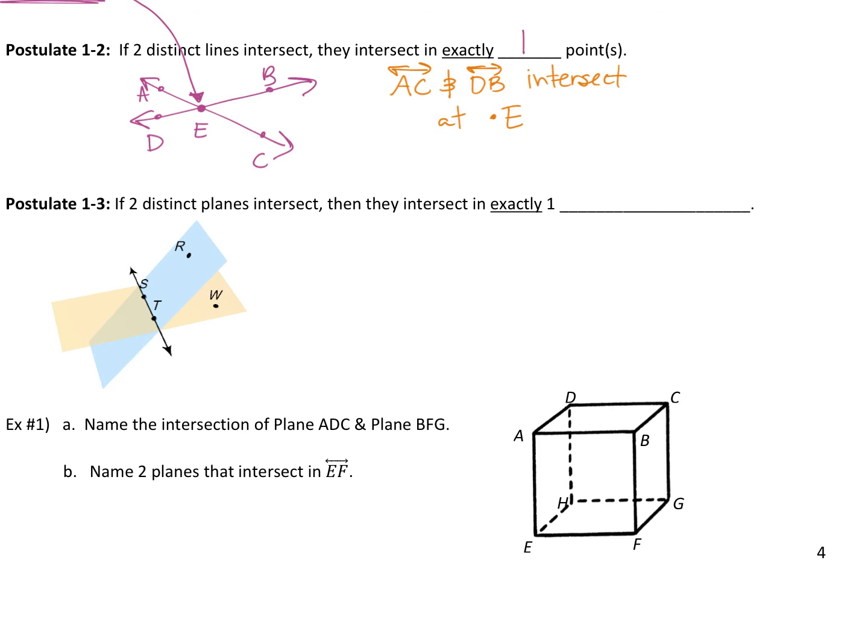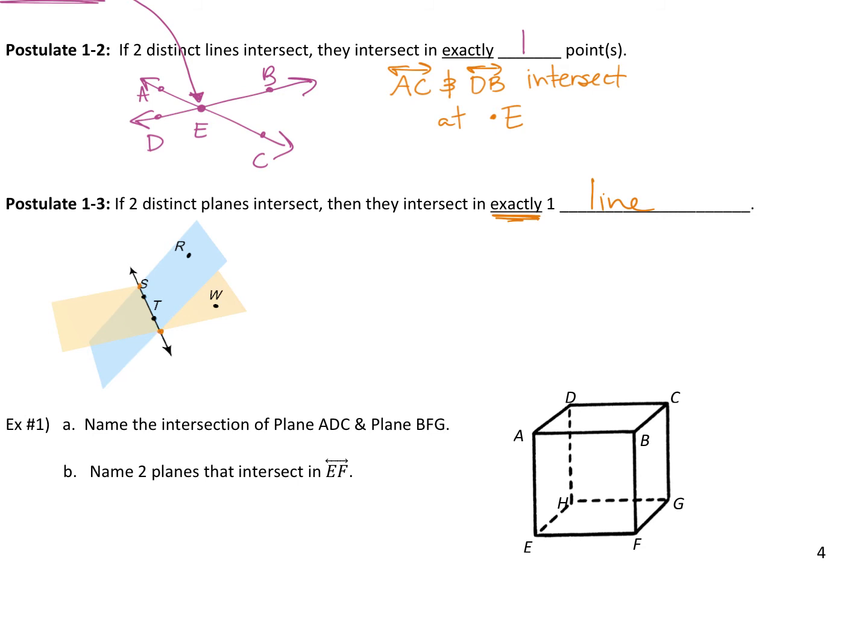This postulate says if two distinct planes, so two planes now, so maybe my floor and my wall. If those planes intersect, so meet up, have something in common, they intersect in exactly one line. It's tempting to say segment because the plane ends here and the plane ends here, but planes don't end, right?